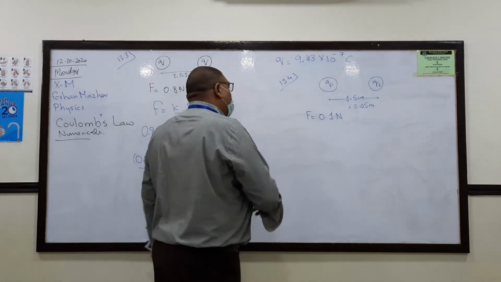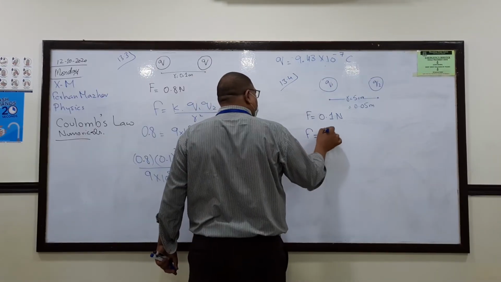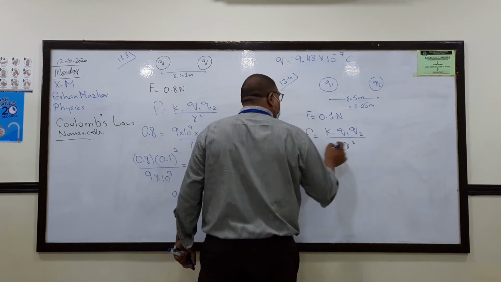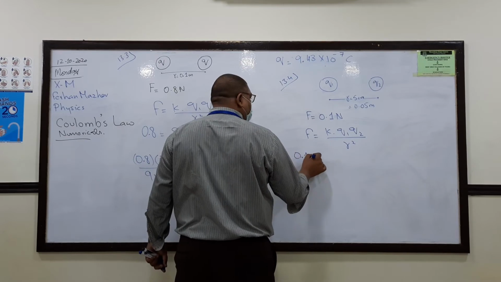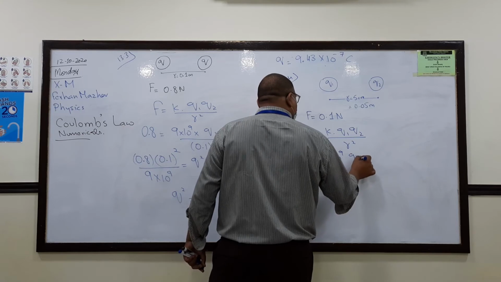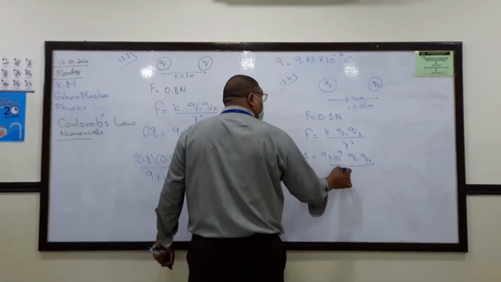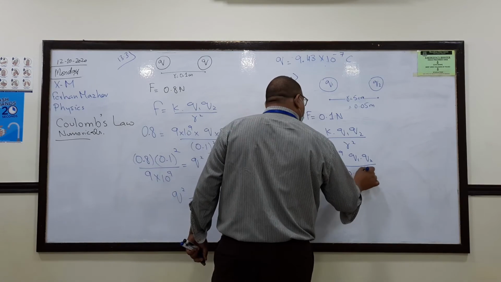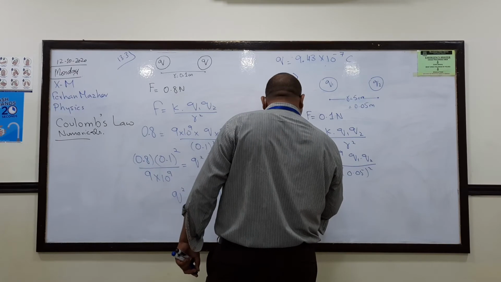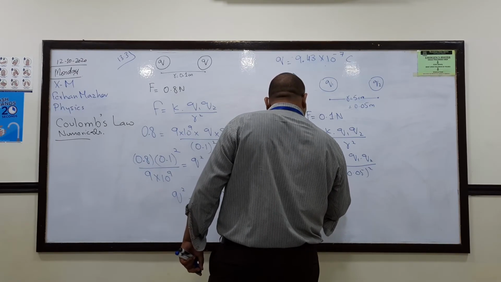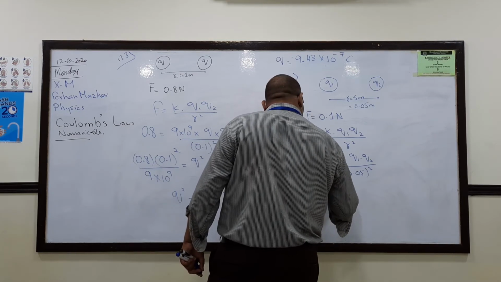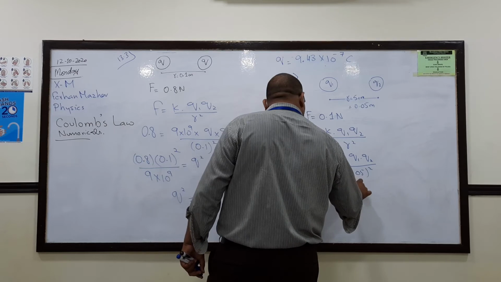So F is equal to K Q1 Q2 divided by R square. F is 0.1. K is 9 into 10 raised to power 9. Q1 into Q2 we don't know their values. And R is 0.05 and its square. So 0.1 into 0.05 square divided by 9 expo 9 equals Q1 into Q2.